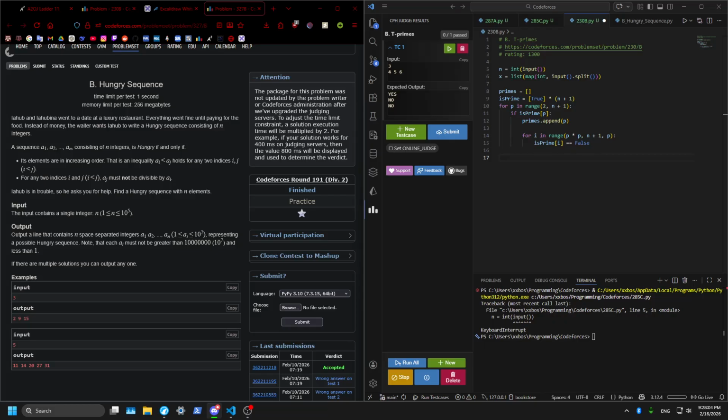Let me see if I can figure it out. Search. What was this guy's Discord ID? Oh, I have streamer mode on, so I can't even copy it.